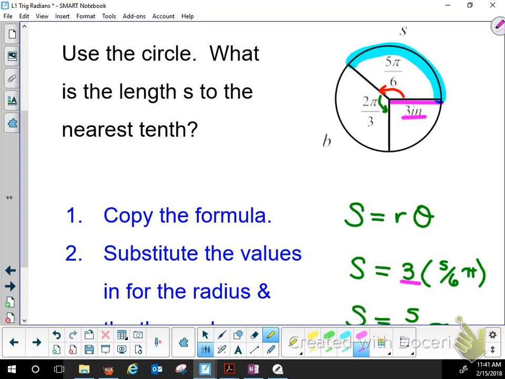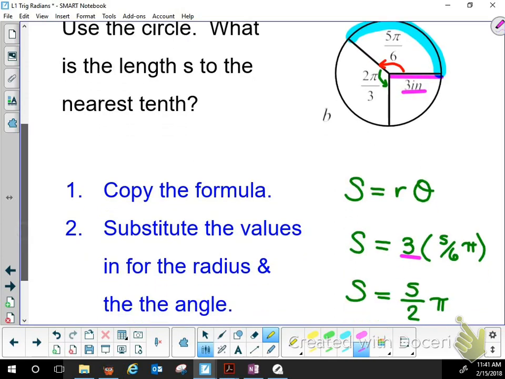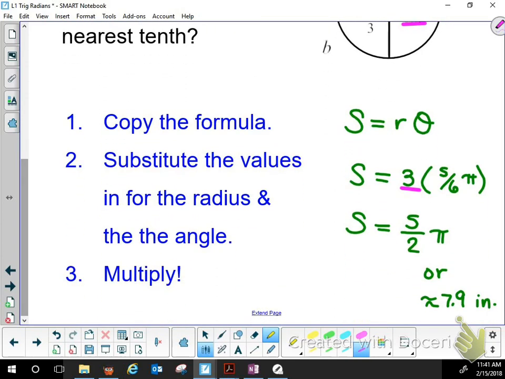And what is the angle measure of that arc in radians? 5 pi over 6. So you do 3 times 5 pi over 6, and you get 5 pi over 2, or 7.9 if you have to do the decimal. And that is the arc length of S for that circle.